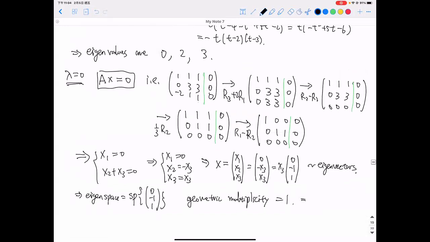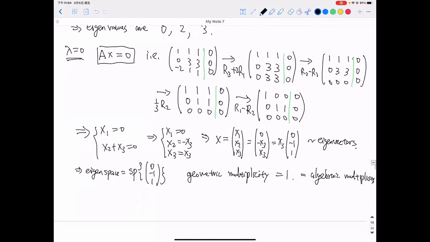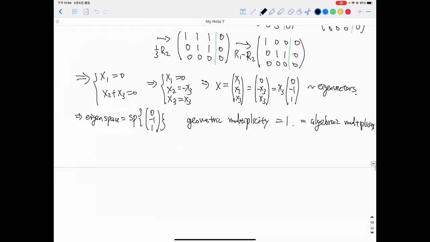Because 0 occurs only once as a root of the characteristic polynomial. So this is also equal to the algebraic multiplicity. Okay, so that's what happens when lambda is 0.